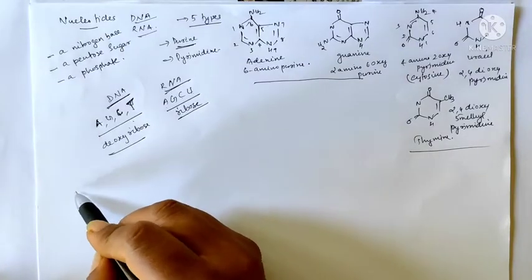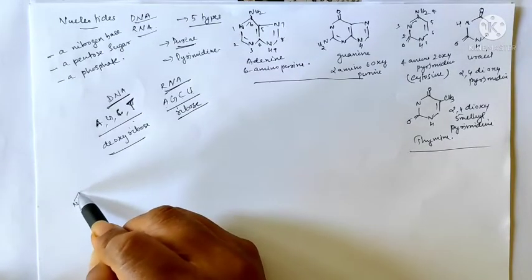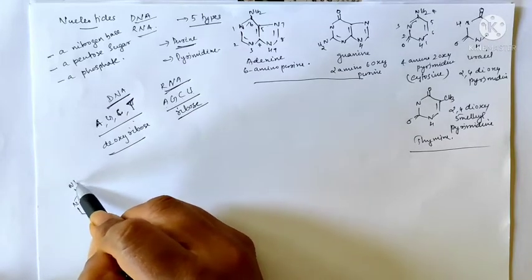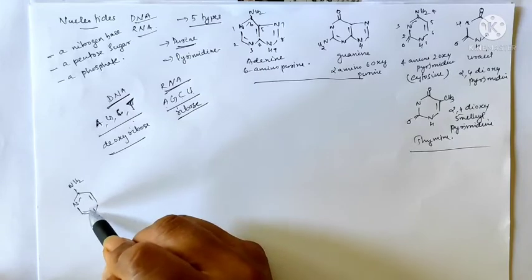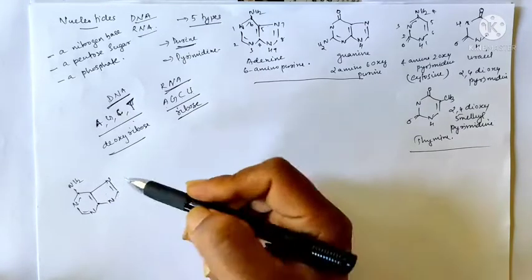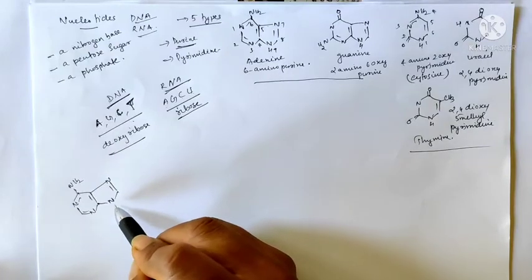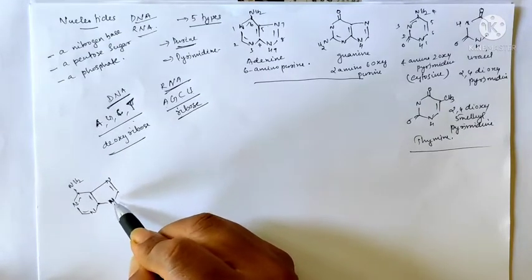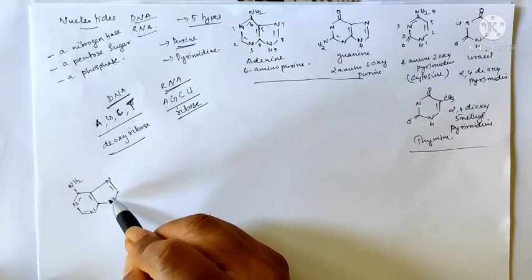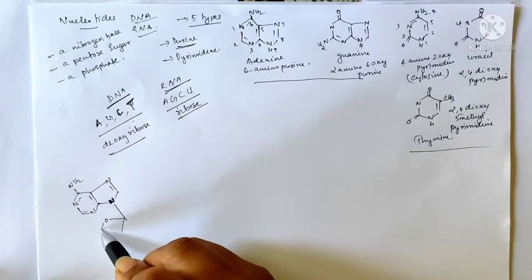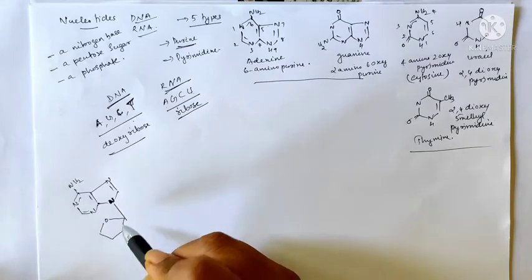So first I will say there is adenine. See, this is adenine, and a hydrogen at the 9th position, the nitrogen at the 9th position, is replaced and a pentose sugar attaches to the 9th nitrogen.